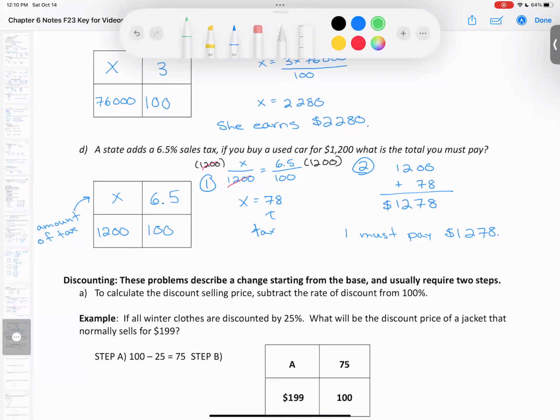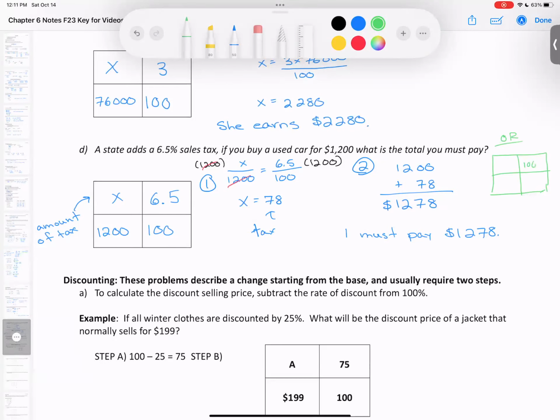Now, if you want a different way to solve this problem as one step, there is a way you could do it. So alternatively, another way to think of this is our rate is going to be 106.5%.